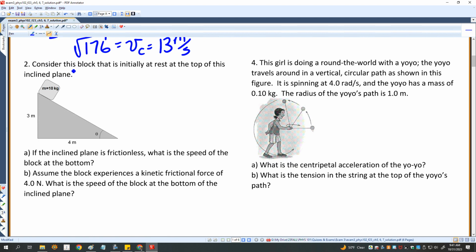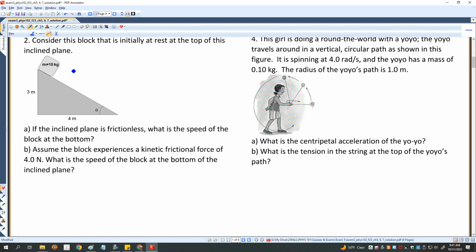All right, consider this block that is initially at rest at the top of this inclined plane. If the inclined plane is frictionless, what is the speed of the block at the bottom? So for part A, I know that it's at rest, so it only has potential energy, and that has to be converted to kinetic energy. So the potential energy at the top is equal to the kinetic energy at the bottom.